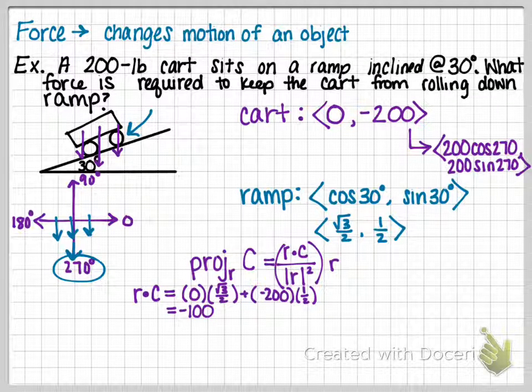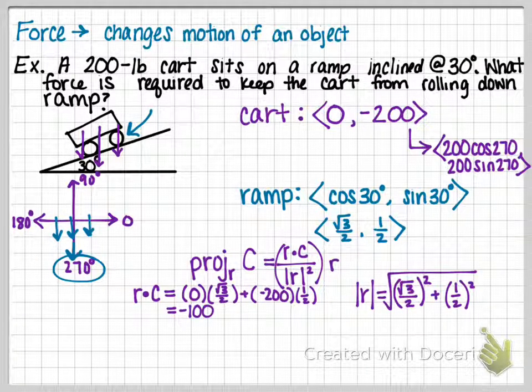Then we need to have the magnitude of R. You can definitely go through the math of taking those two components, squaring them, and then adding them together.